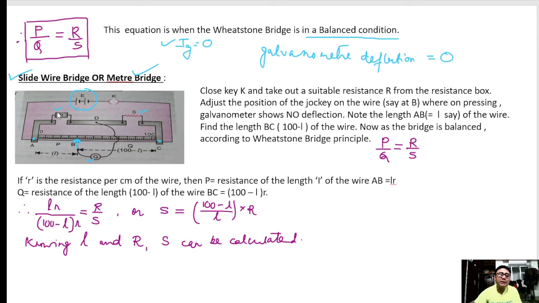So watch here. Here is R, here is S. So this part, suppose on tapping at the length L, we get the galvanometer deflection 0. Okay.